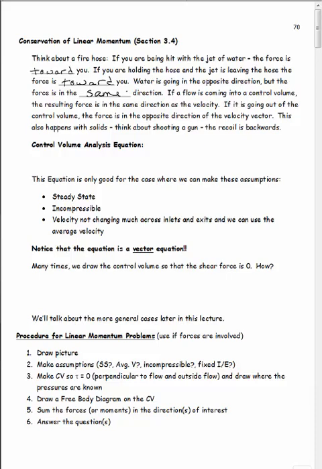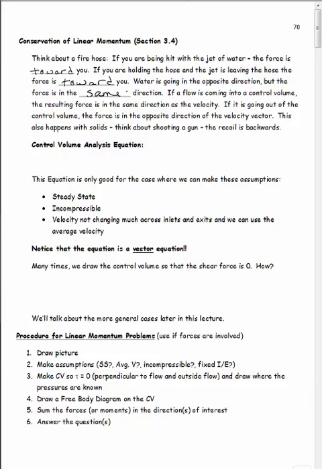We'll start with the simple case, then we'll do the general case, and then we'll talk about the forces, those pressure, shear, gravity forces, etc. And then finally we'll talk about what happens if the control volume is moving, and we'll do that in another class period.